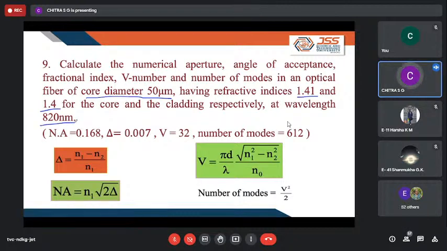You have to calculate sine theta naught, the numerical aperture, theta naught, the angle of acceptance, delta, the fractional index change, the V number, and the number of modes. Whatever answers I have written, you just write down that and check with your answers.